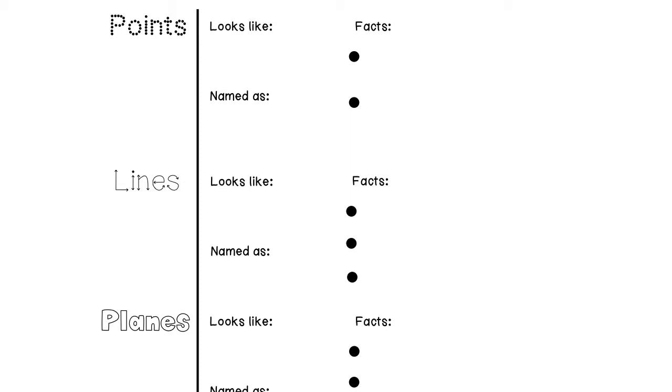Points first. A point is simply a location. If we want to draw a point, it's a dot with a capital letter next to it. So a dot with an A next to it.